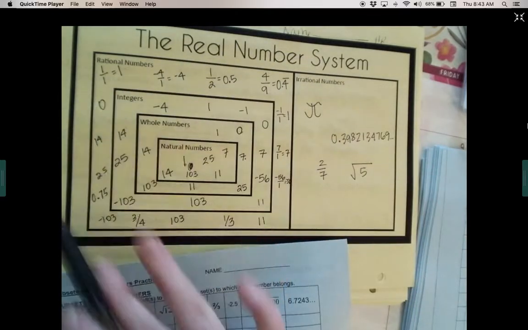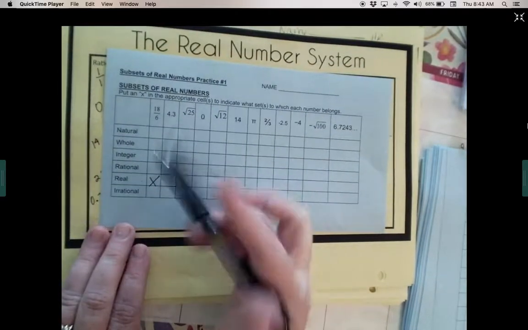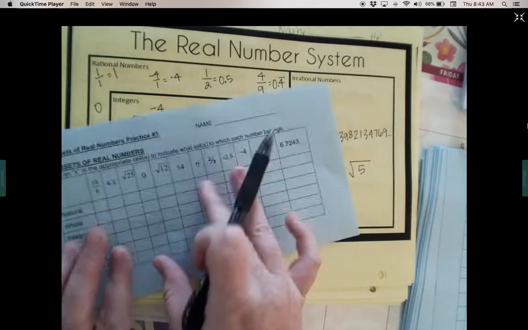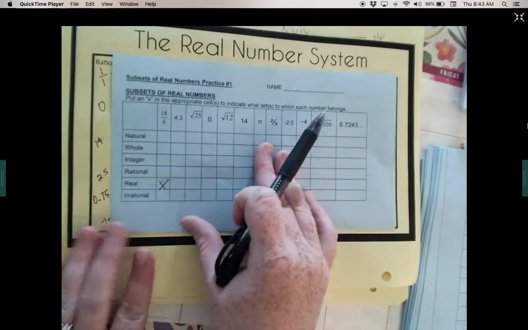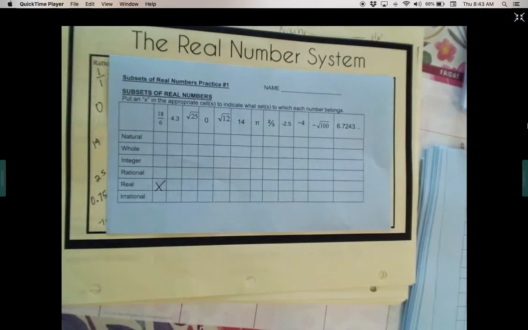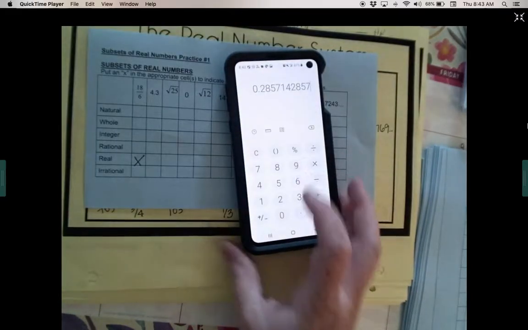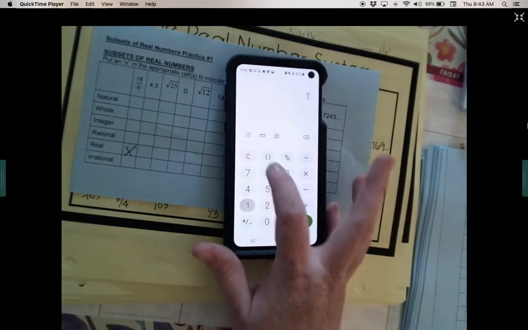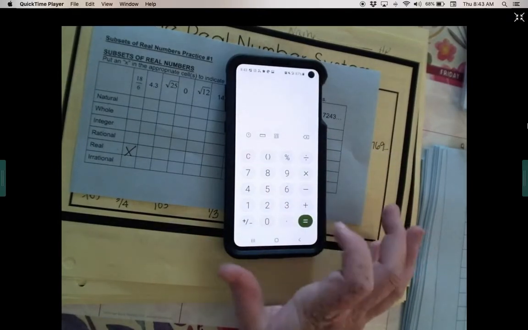So they're all for sure going to be real. All right, I just need to decide if it's going to be a repeating decimal or a terminating decimal when I do my division. Okay, so you should either have a calculator or scratch paper. Remember, on a calculator, all you're doing for your fraction is the fraction bar means divided by. So 18 divided by 6.